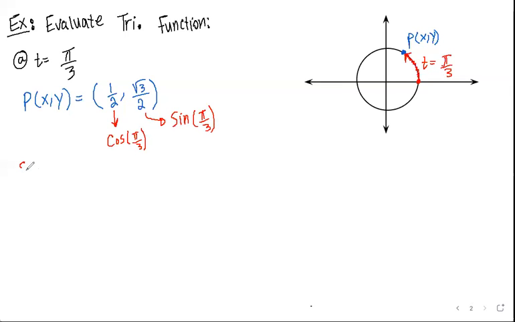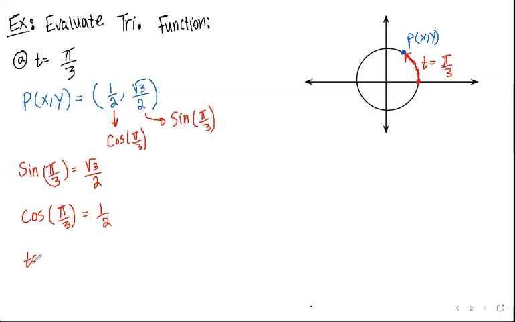So sine of pi over 3 is equal to square root of 3 over 2, and cosine of pi over 3 is equal to 1/2.